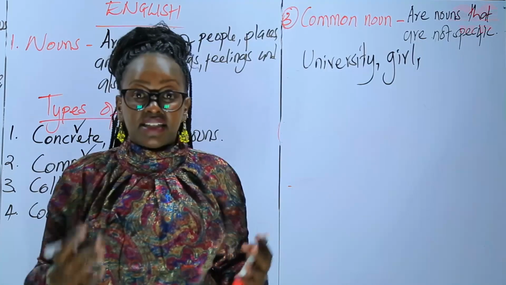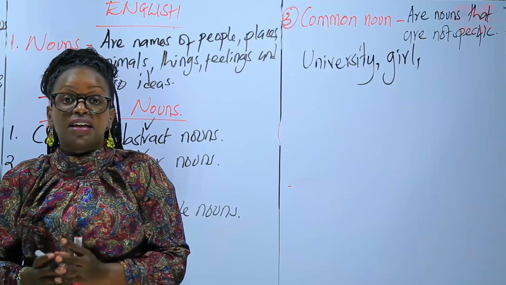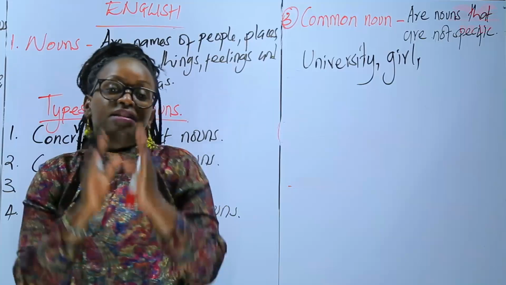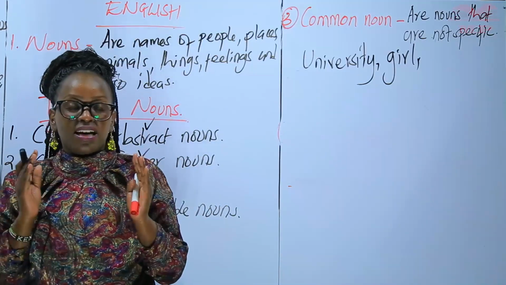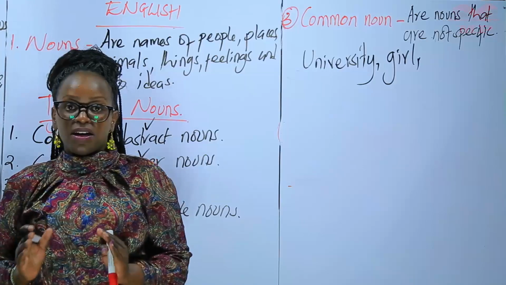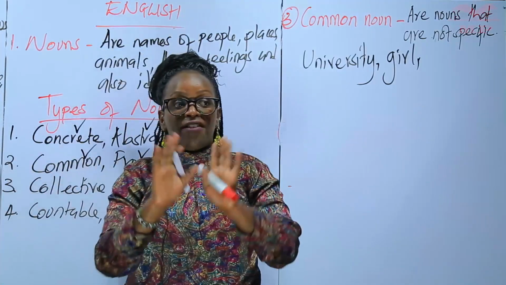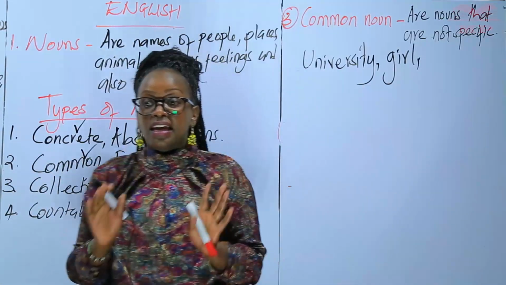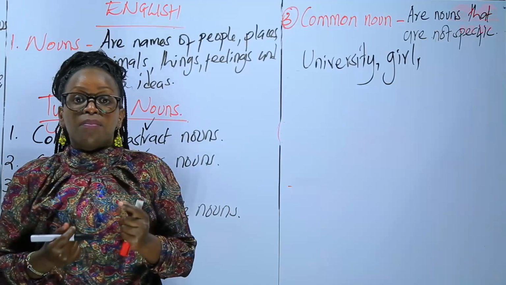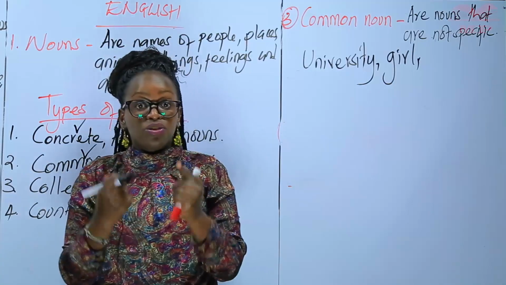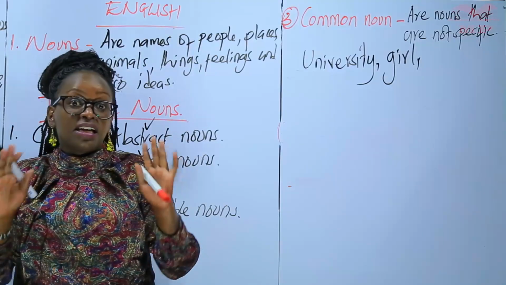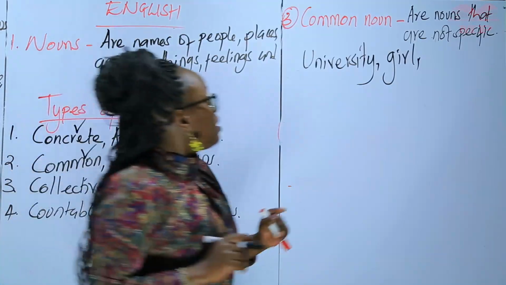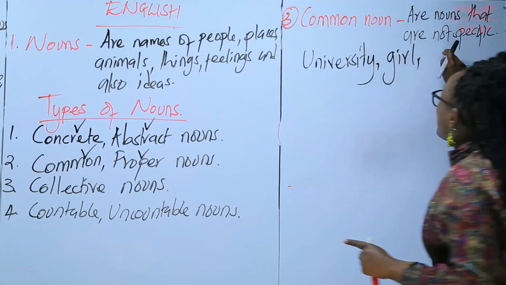I have not said Mercy. I have not said Mary. I have just said girl. And girl is actually a noun, but in this case, it is a common noun for the reason that it is not specific. If I walk in here and find a group of girls and I say girl, nobody will come up here because I have not called out the specific name of a person. So these are nouns that are not specific.